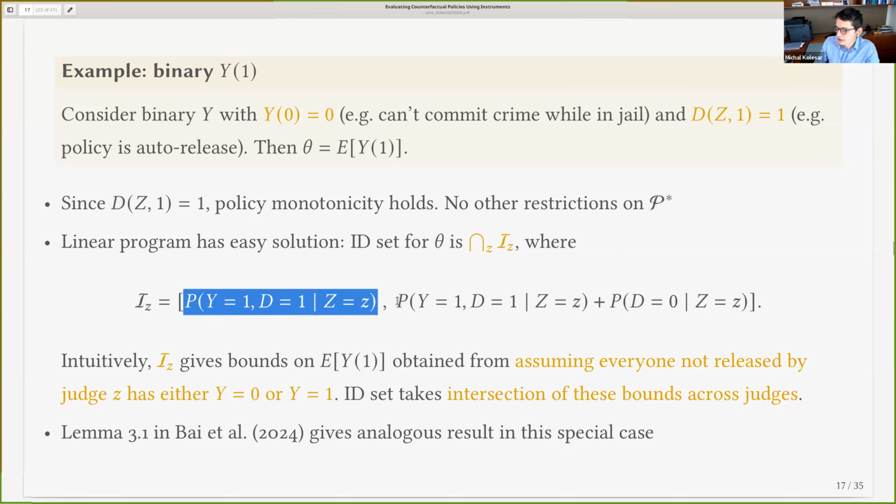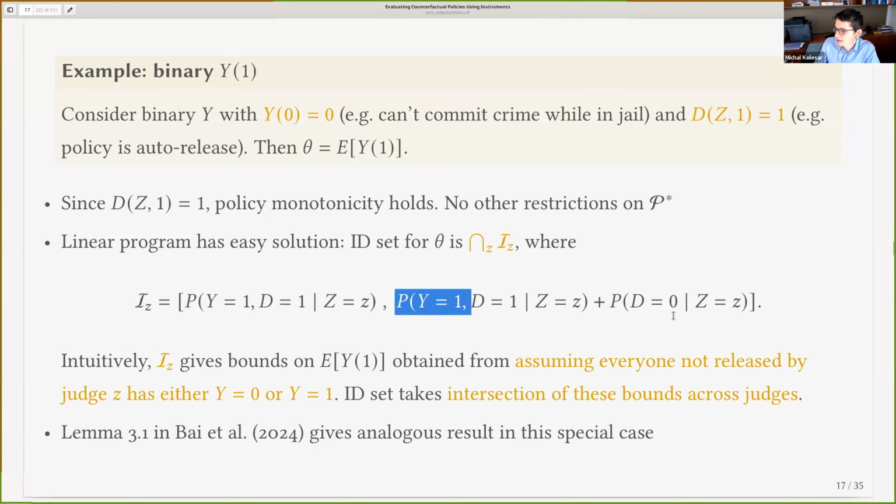And it also has, right, because this is a joint probability of y1 equal to 1 and dz equal to 1, this joint probability has to be smaller than the marginal probability that y1 is equal to 1. And similarly, I can use an analogous argument for an upper bound.